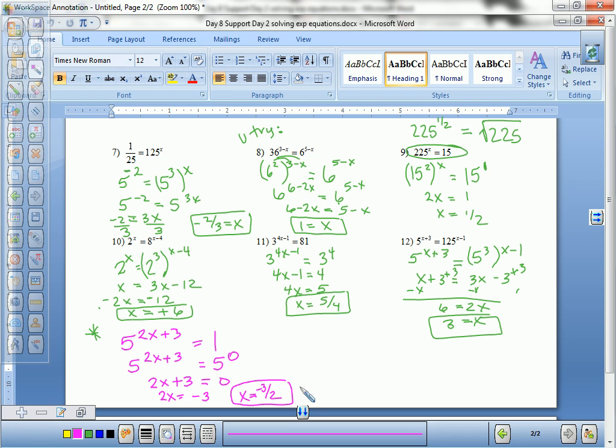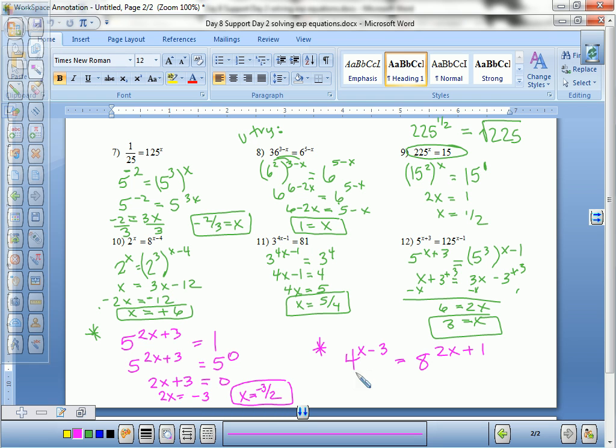Now, another thing that you can run into is where I can't write 8 as a power of 4. So what happens when I can't write this one as a power of that one? The next thing I try is, can I write both of them as a power of the same number?